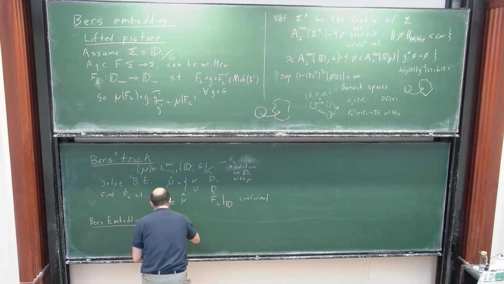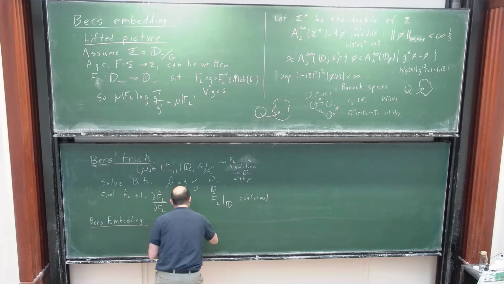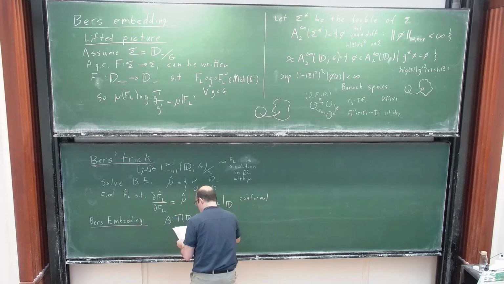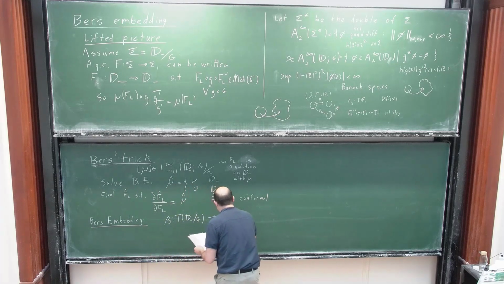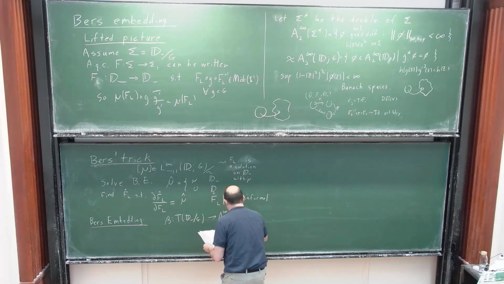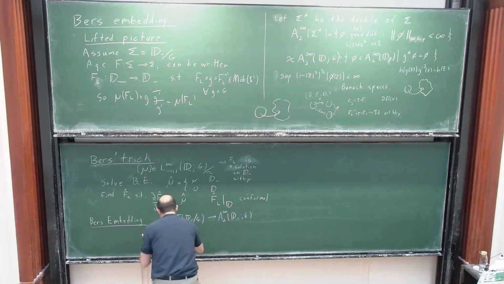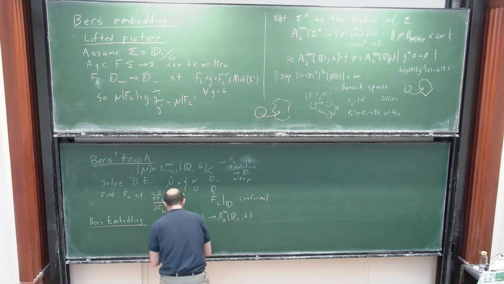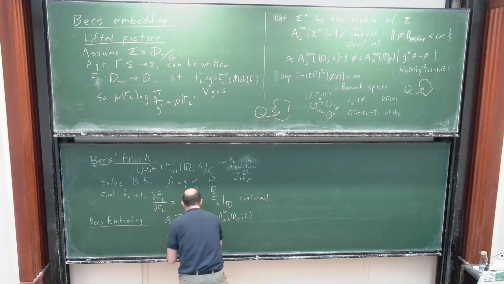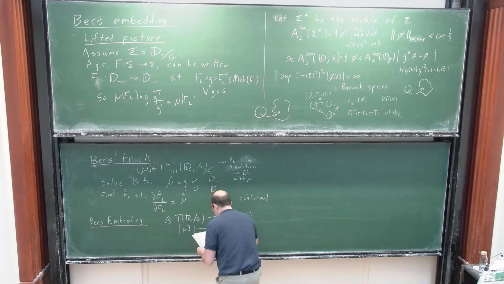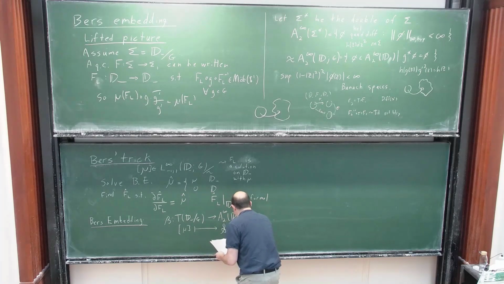So beta takes the Teichmüller space of the disk mod G into A2 infinity of D mod G. And so what you do is you take your equivalence class of mu's, and then you map it to the Schwarzian of F at L restricted to the disk.